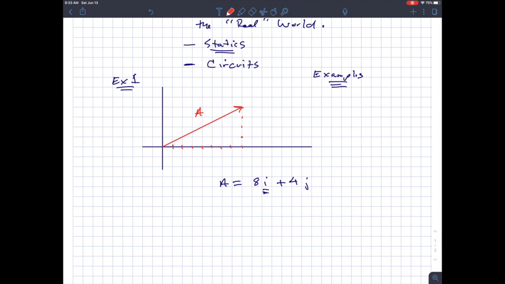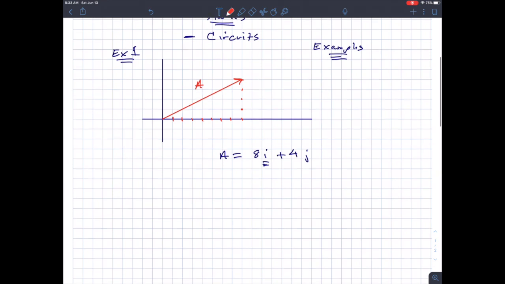You might not have called it i and j, but you get the point. You take 8, multiply by i, the unit vector in the x direction. You take j, which is the movement in the y direction, multiply that by 4, and you get this vector A.